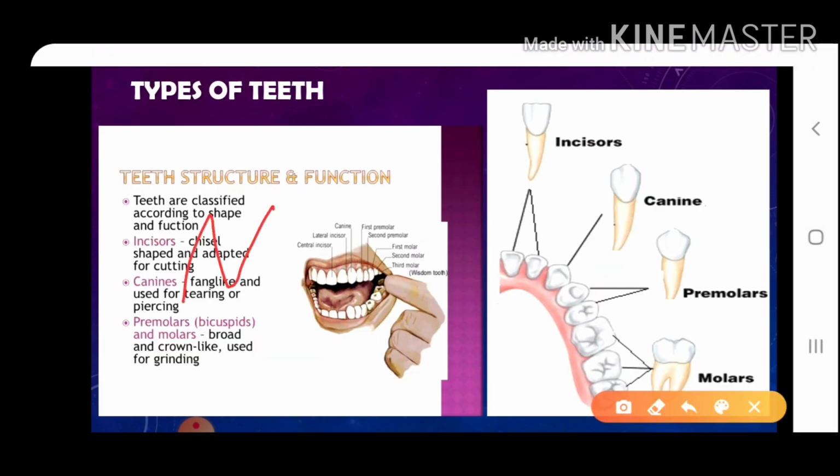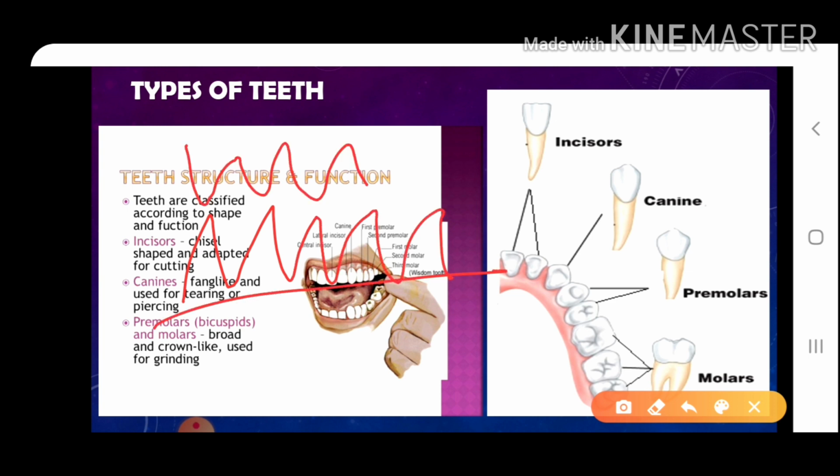They look somewhat like this. This is the jaw. Over here, all the teeth are similar in shape and they also serve the same function. Therefore, this is referred to as homodont, and these are found in amphibians, reptiles and fishes.